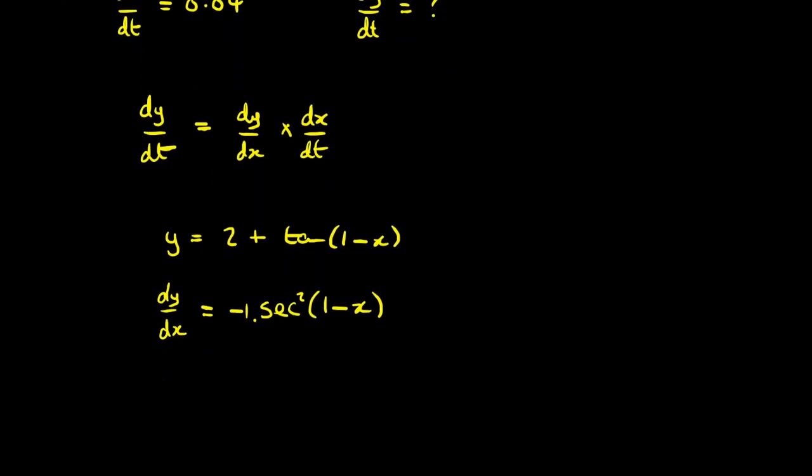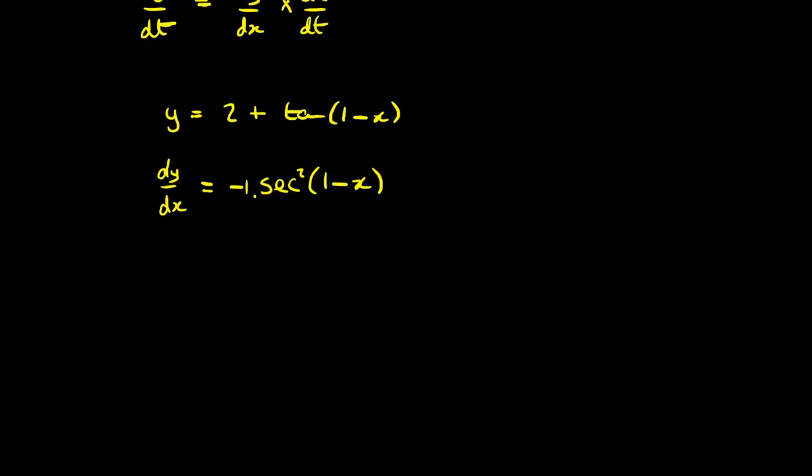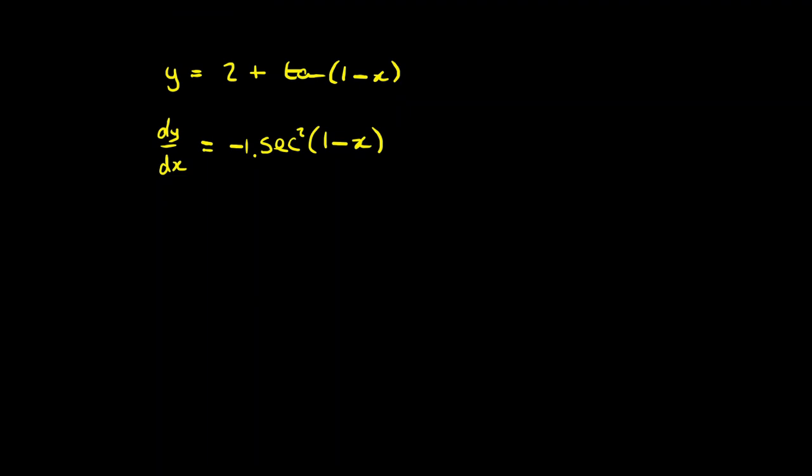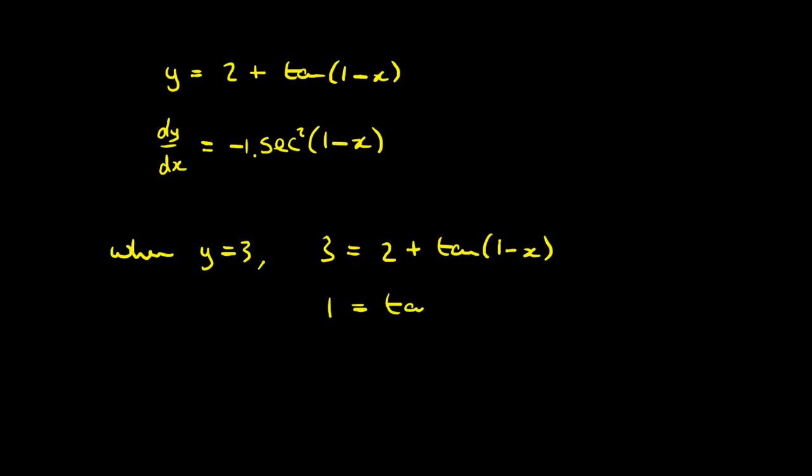That's what I'm going to do. Okay, so I'm going to go down here and say when y is equal to 3, we're going to get 3 is equal to 2 plus tan(1 minus x). So you see what I've done is I've substituted into this equation here. Okay, and so therefore 1 is equal to tan(1 minus x).